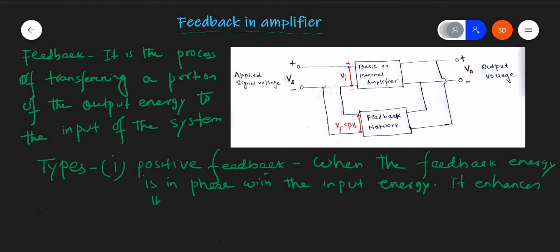So when the feedback energy is in phase with the input energy, this feedback enhances the input signal. It is called positive feedback.